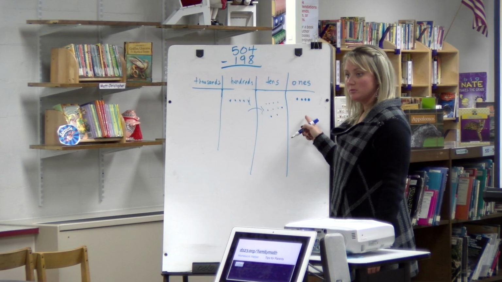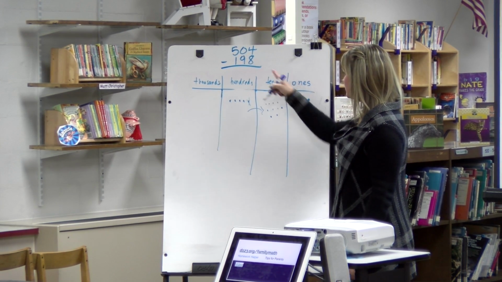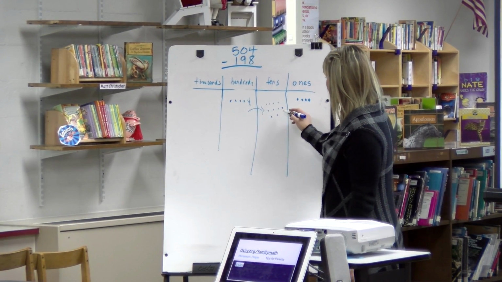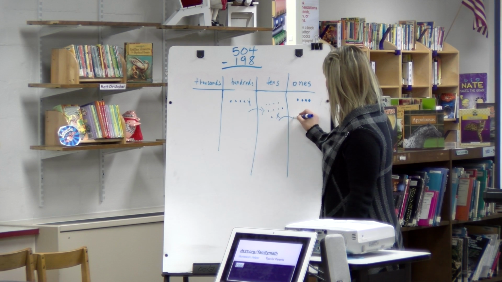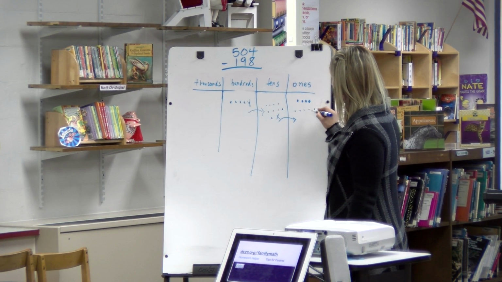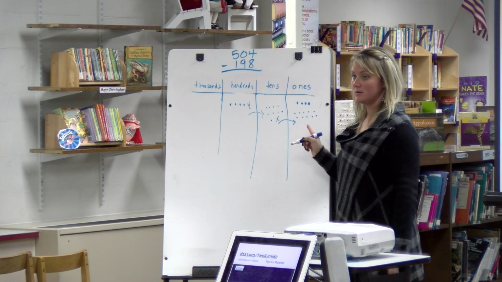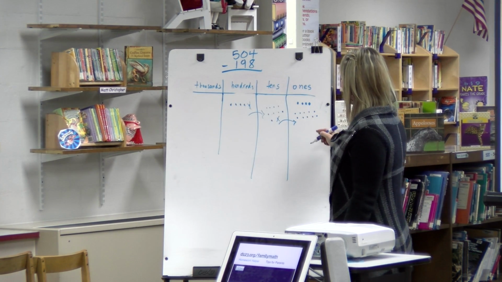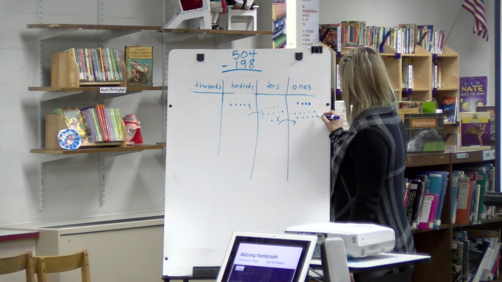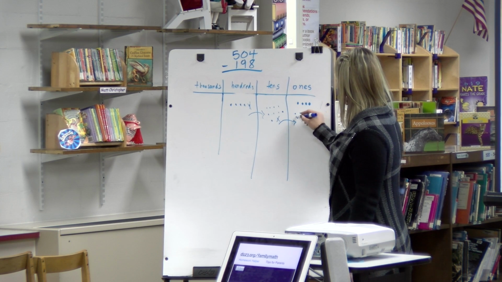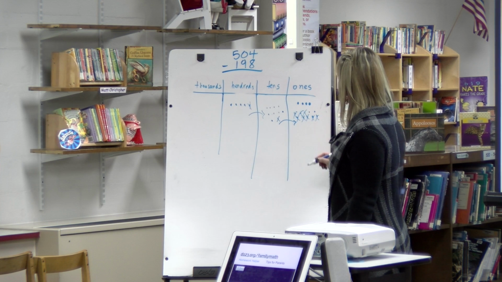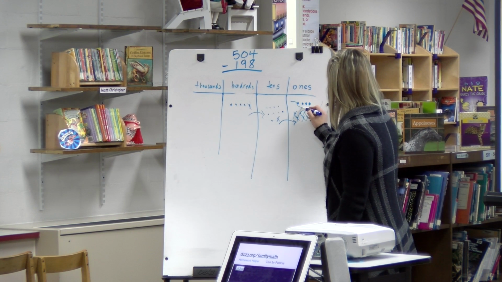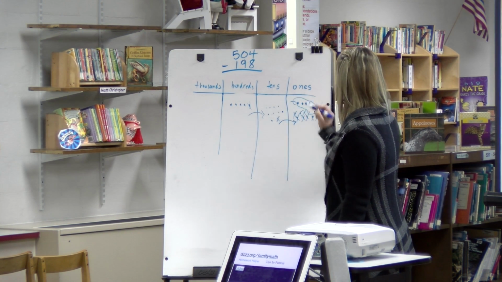Now I can borrow from the 10s to subtract. So I borrow a 10, carry it over, 10 here. Now I can subtract 8 from here. 1, 2, 3, 4, 5, 6, 7, 8. Here's what I have left over.